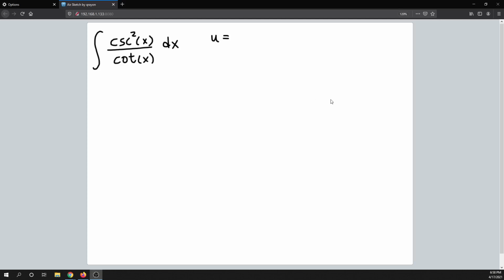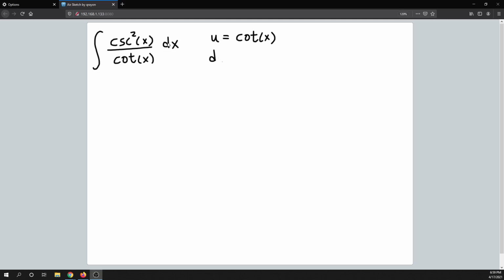So there's a couple of things: the fact that it's in the denominator, and the fact that its derivative, or almost its derivative, and by almost I mean a constant multiple of its derivative, appears as a factor of the integrand. That's going to lead us to saying that we should pick cotangent of x as a good choice for u.